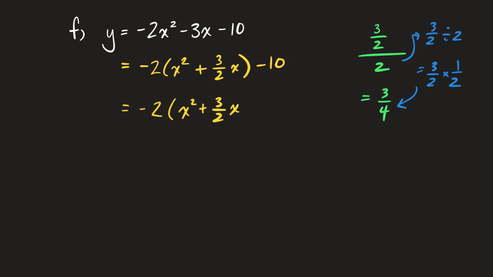So now I need to take that 3/4 and square it to figure out the value I'm going to sub in. That gets me my 9/16, and there is what I need to add in and subtract to complete the square.